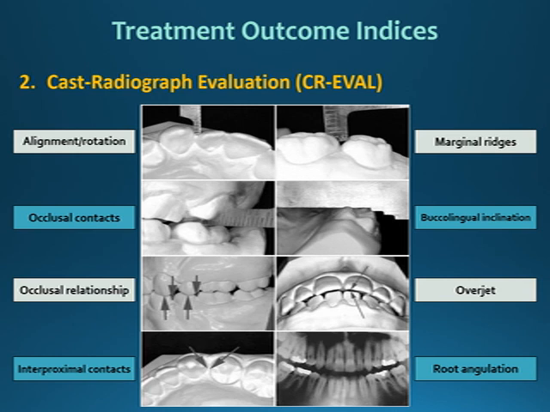This index is composed of more criteria compared to the PAR index, therefore it can be considered more precise and objective when compared to that index.